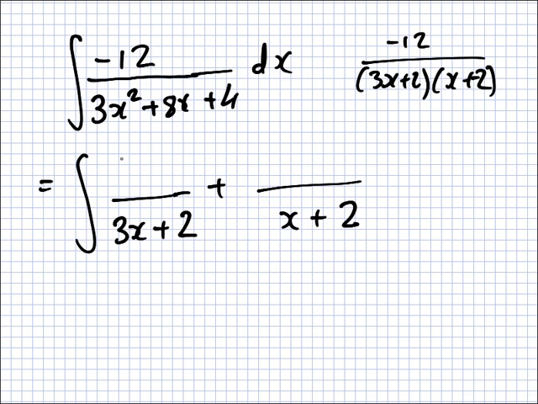Wait, 2 over 3. Is it 8 over 3? It's minus 12 over minus 2 over 3 plus 2, which is minus 12 over 4 over 3, which is minus 36 over 4, which is minus 9, yeah?